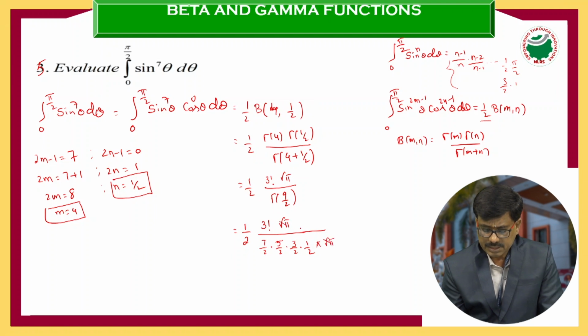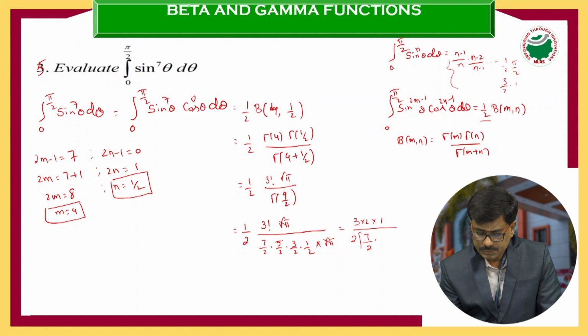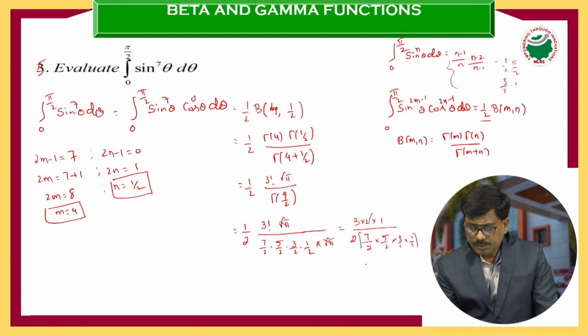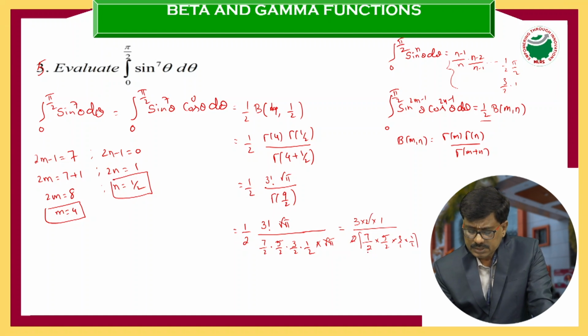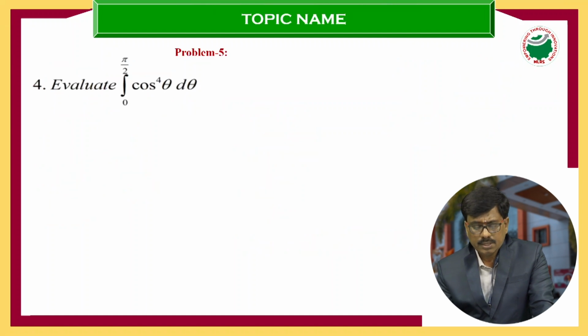Now, root pi gets cancelled. 3 factorial means 3, 2, 1, whole divided by 7 by 2 into 5 by 2 into 3 by 2 into 1 by 2. The 2 gets cancelled. If I simplify this result, you will get the integral value. You can use your calculator and calculate.